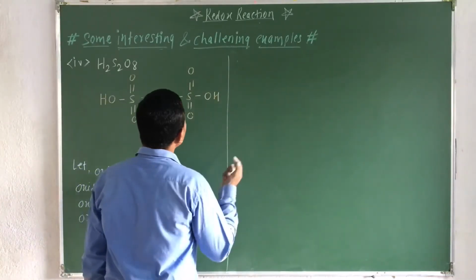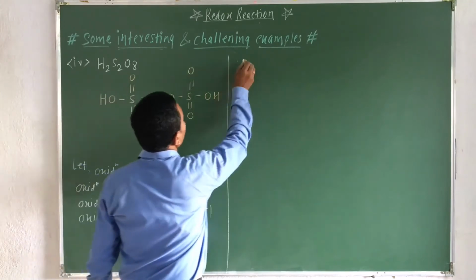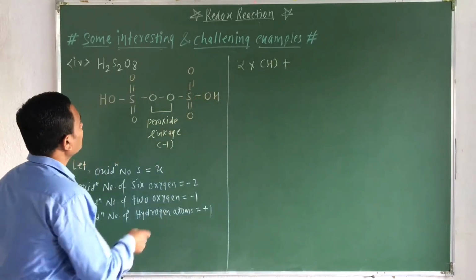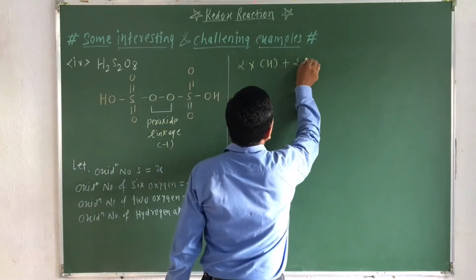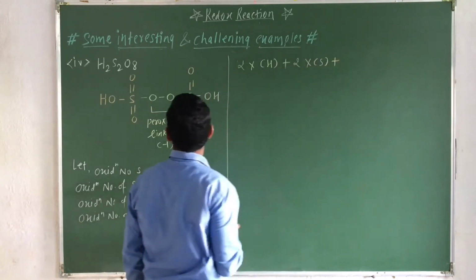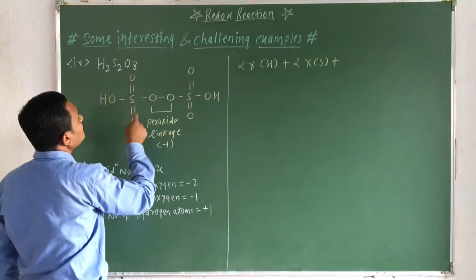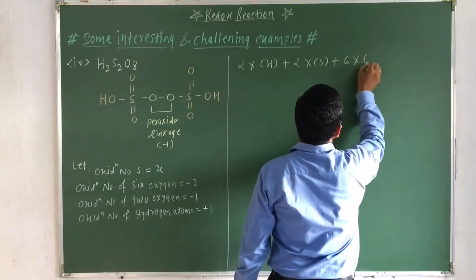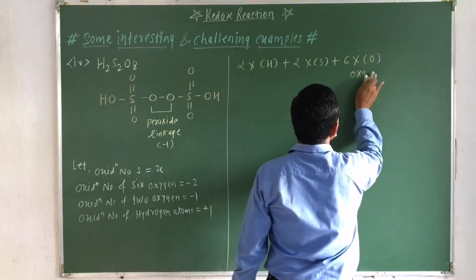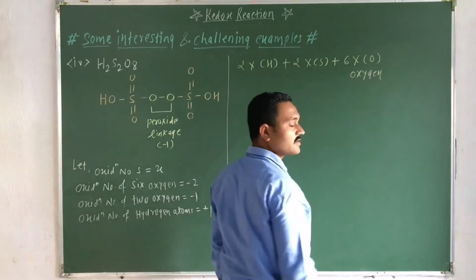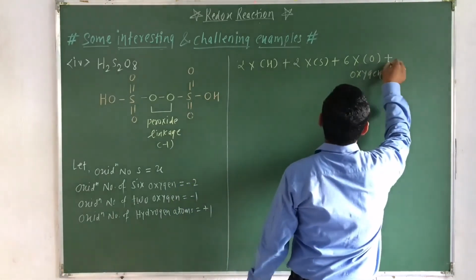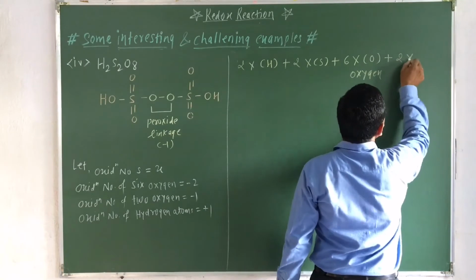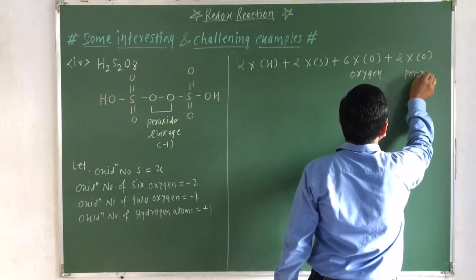So here we can write the equation in such manner: 2 hydrogen atoms, therefore 2 into hydrogen, plus, now how many sulfur atoms? 2, therefore 2 into sulfur, plus, 1, 2, 3, 1, 2, 3, so total 6 oxygen atoms, 6 into O, that is our oxygen atom, plus this is about your peroxide oxygen atoms, so that is nothing but 2 into oxygen, which is your peroxide one.